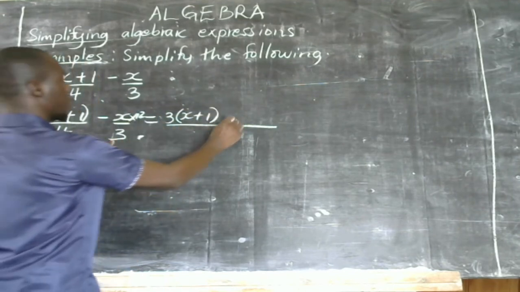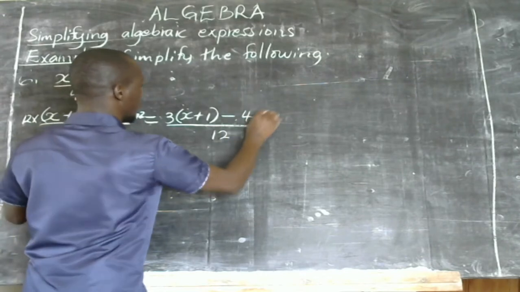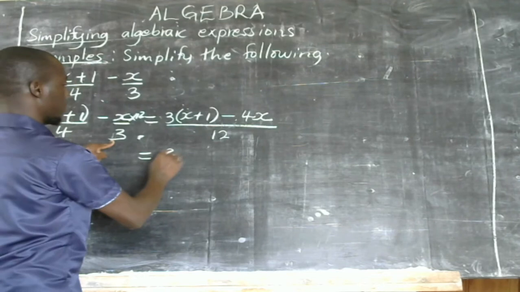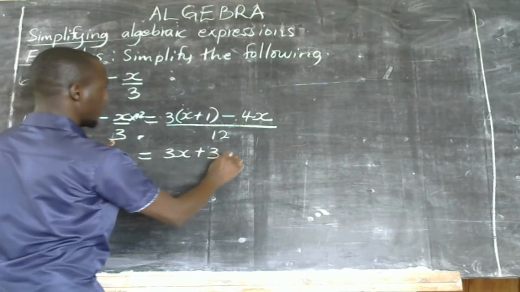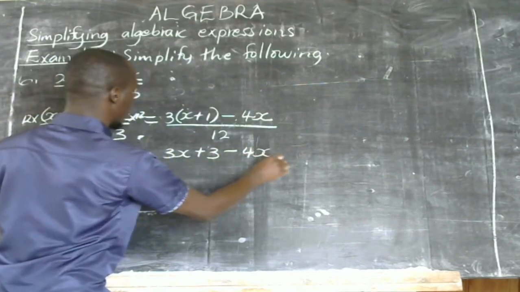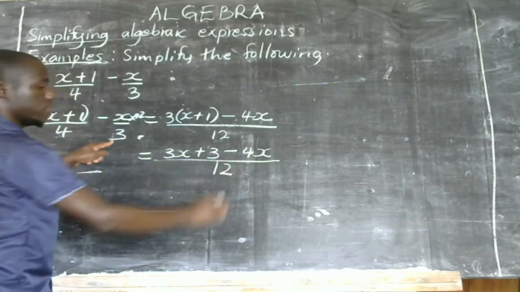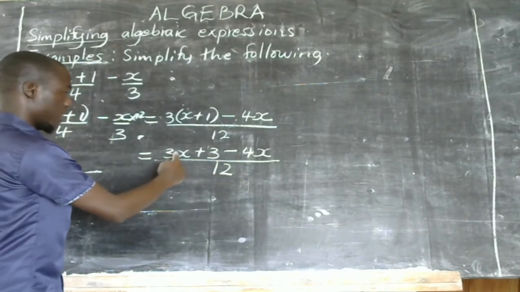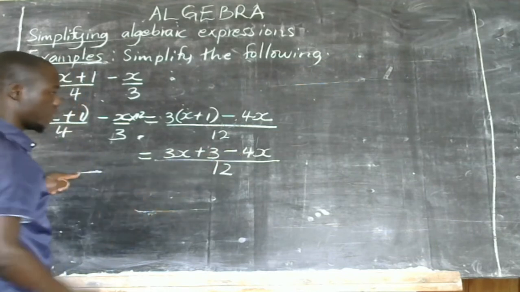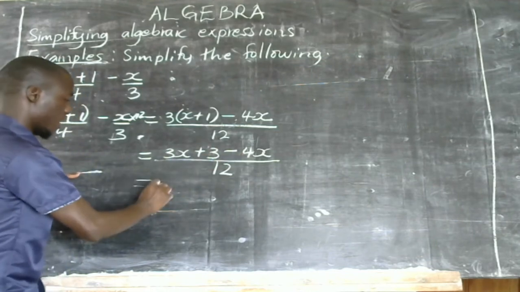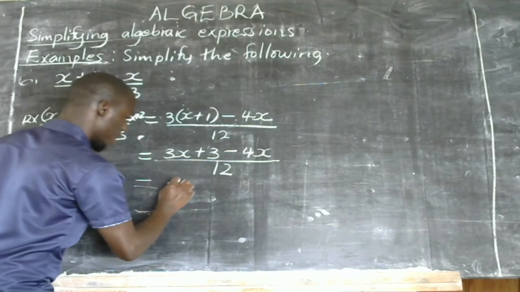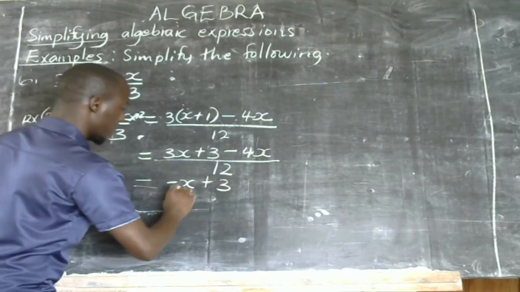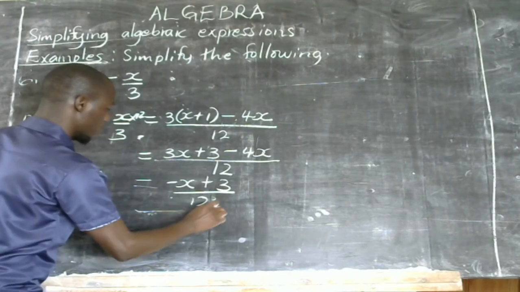Then here I'll be having a negative 4x there. So when I open brackets here, I'm having 3x plus a 3, then minus 4x divided by 12 there. Then 3x and the 4x, they are the ones that are like terms. When I add them, I'll be having a negative x, then plus 3 all over a 12.